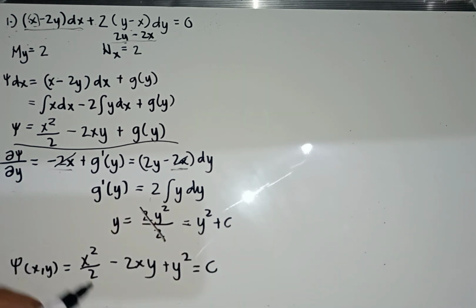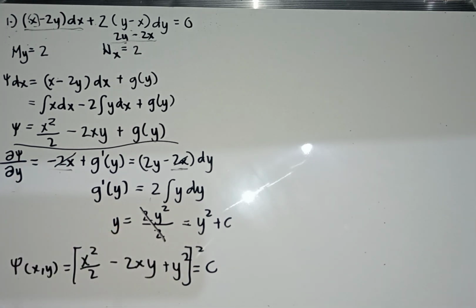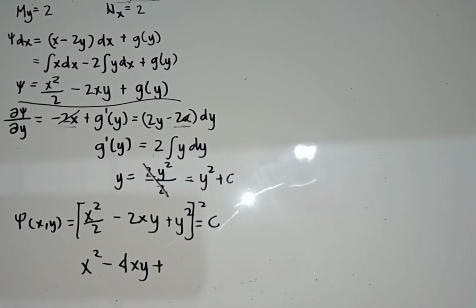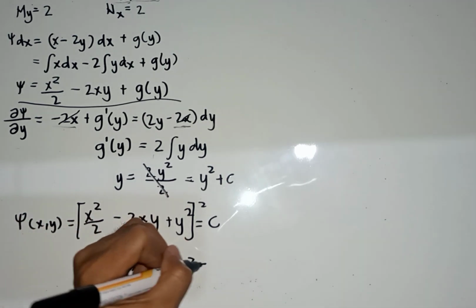And then as we can observe, we still have the denominator, so we're just gonna multiply it by 2, so that would cancel this out. So that would be x squared minus 4xy plus 2y squared is equal to c.